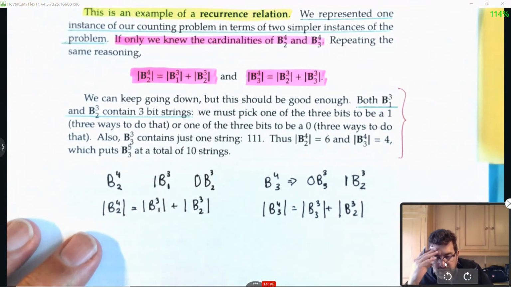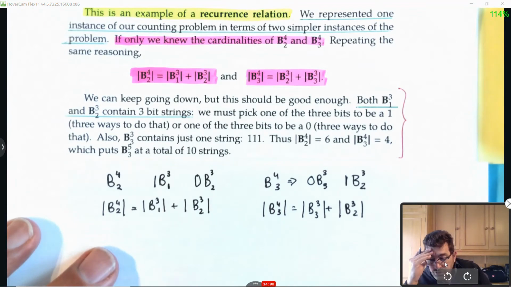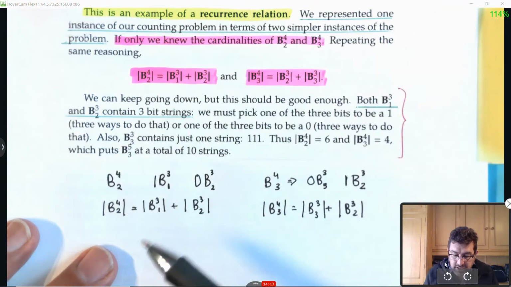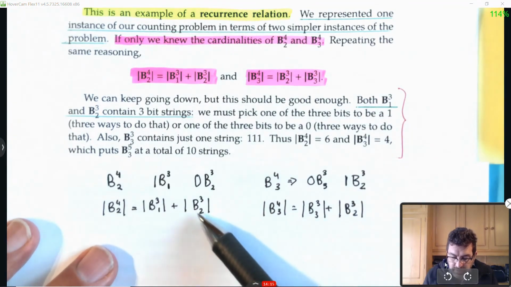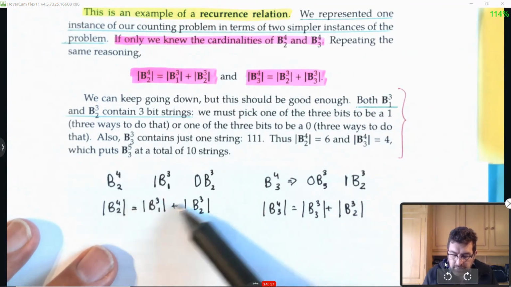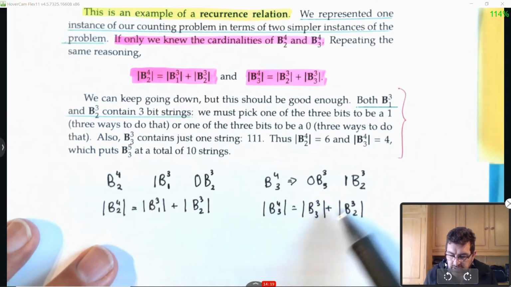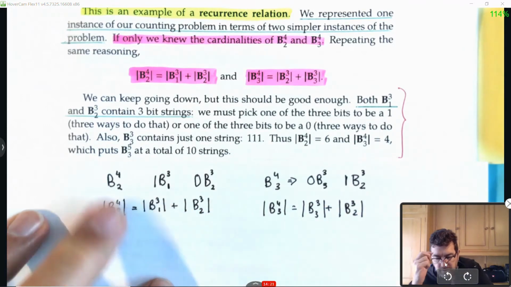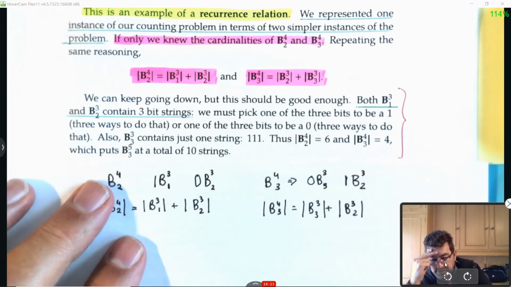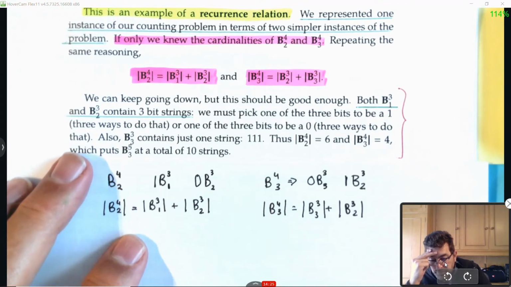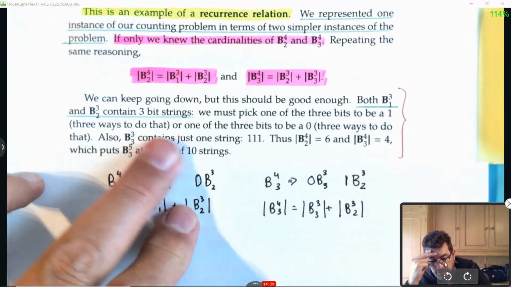Okay, so we can keep going down. This should be good enough, but both B3,1 and B3,2, we can now work out. What it's saying is, we must pick one of the 3 bits to be a 1, then there's 3 ways to do that.